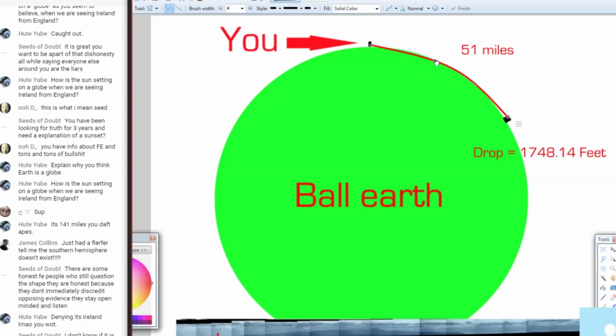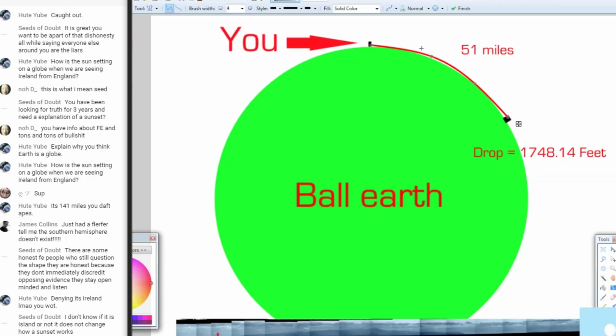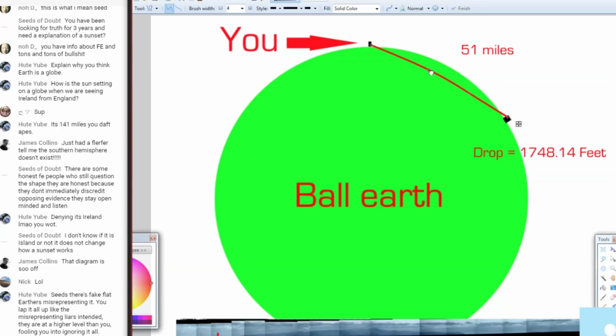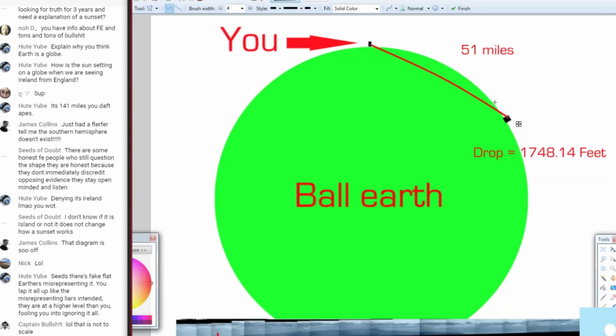So this is what they tell us is happening, that you look out to the horizon, the atmosphere affects what you see, and this object, which is 1,748 feet of drop away, has now magically been brought into your eye line so that you can see it. You don't have this 1,748 feet of drop obscuring what you can see in your line of sight.